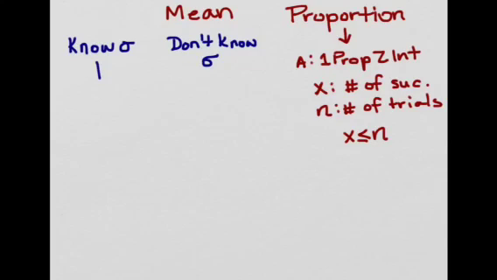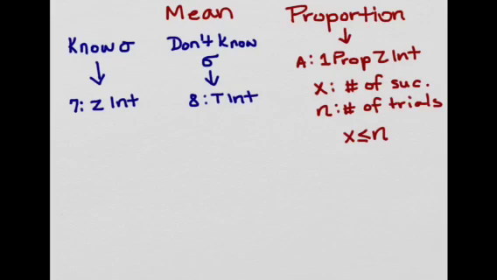If we know sigma, then we're going to use number 7, which is Z interval. If we don't know sigma, then we're going to use number 8, which is T interval. And that's really all it comes down to.